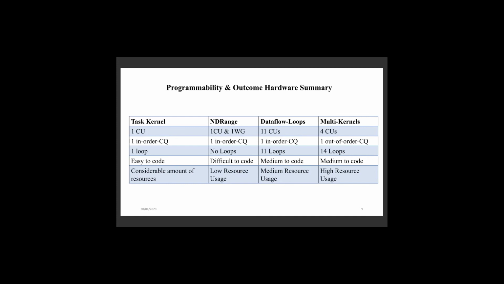In terms of programmability, the easiest mapping option to code was the task kernel, while the NDRange mapping option was a difficult one to get working right. And as we have seen in the previous slide, multi-kernel utilized the highest amount of resources of our target FPGA, while NDRange consumed low resource usage.